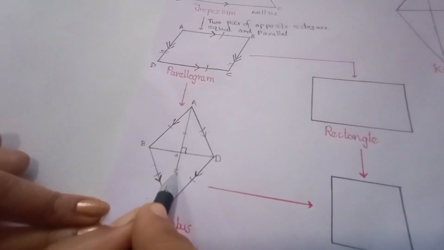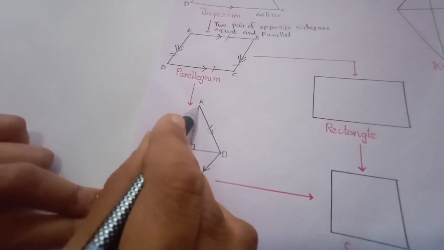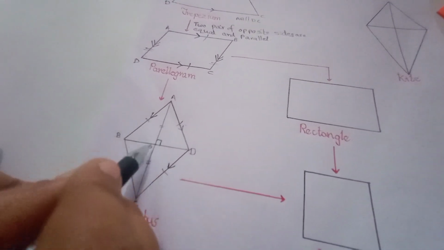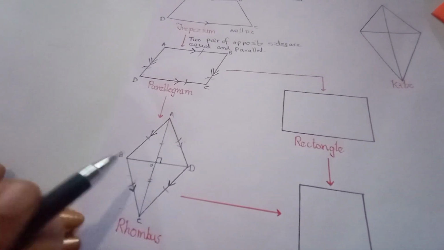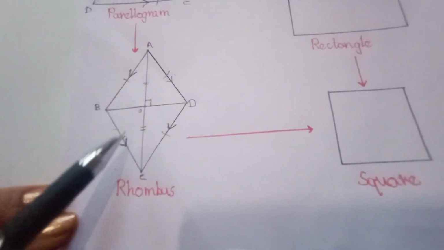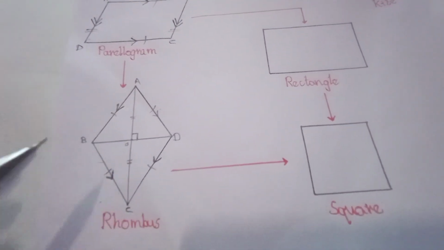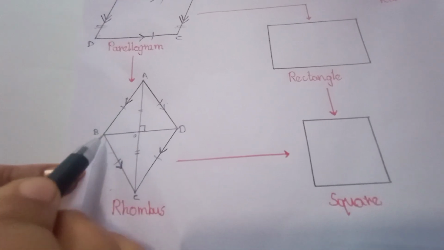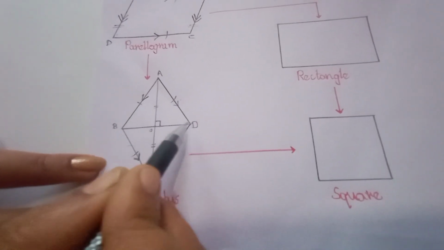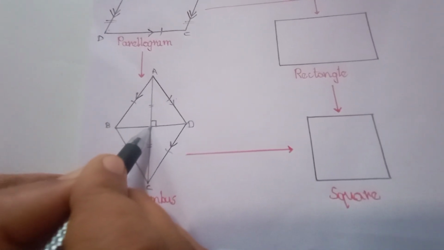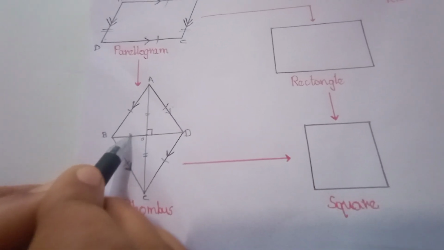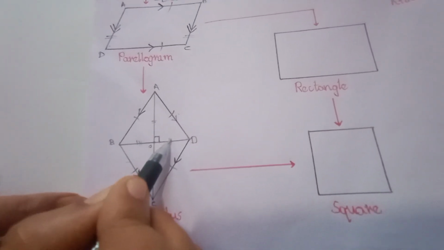Bisects means this value will be equal to this value. It means AB is divided into two equal parts, and also BD, O divides it into two equal parts.